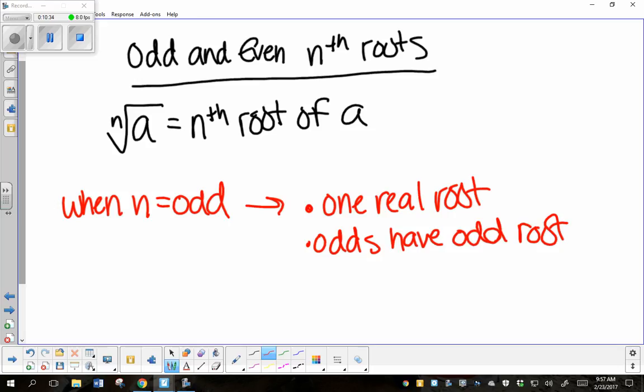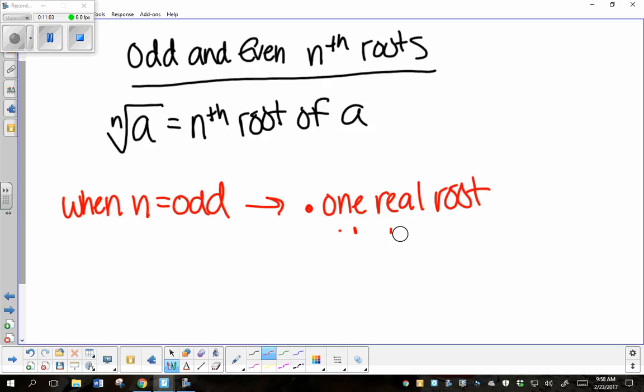Let me look up and make sure I meant to write that. Has one real root, odd roots. Oh, I wrote this down wrong. Okay. We'll just cross it out. I was writing these at conferences, so I was probably kind of distracted.